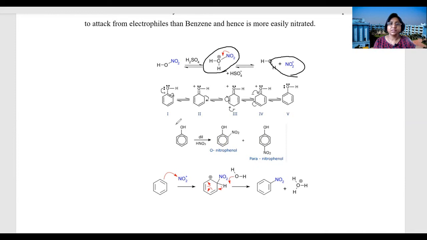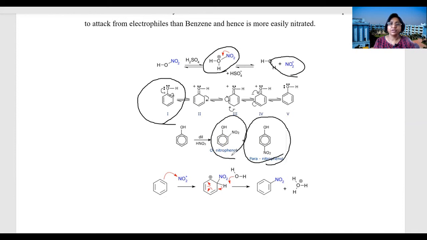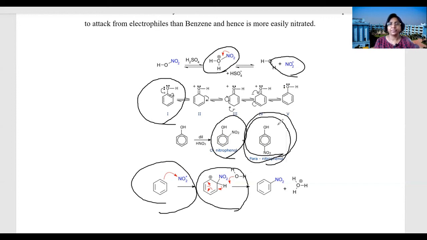This is the structure of phenol, and we get different structures, giving ortho-nitrophenol and para-nitrophenol. And this is the benzene structure, where the electron density is less than phenol. The nitration of benzene is also shown here.